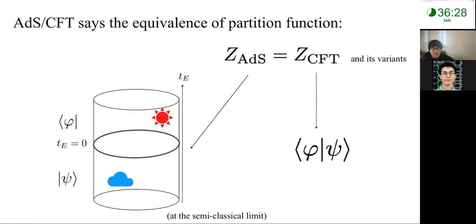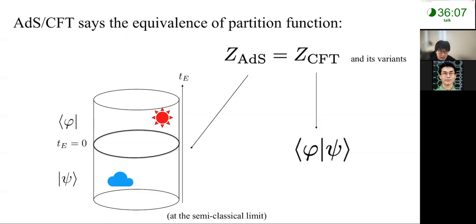It means that we can calculate correlation functions from the gravity side. And for the CFT, the quantum mechanical system side, we can interpret a certain partition function or correlation function as the inner product between two non-normalized states.